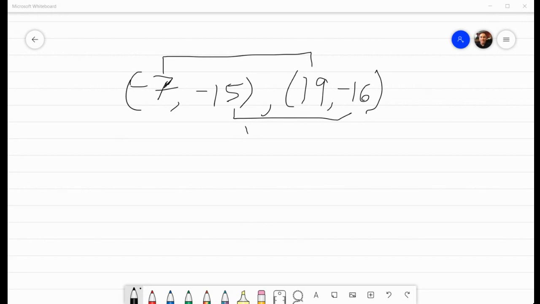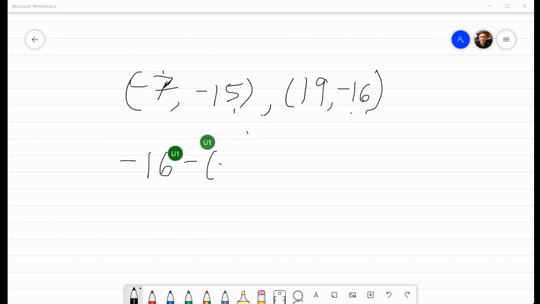Well, let's do it. So again, let me just erase this. There we go. So we have then -16, right? Minus -15. Again, we have the change in y over the corresponding change in x. So what I'm doing is this: -16 minus -15.